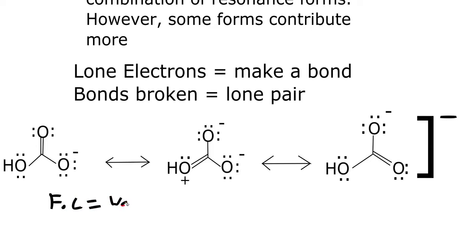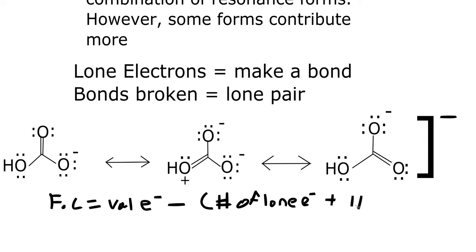We take the valence electrons, minus the number of lone electrons, plus the number of bonds. Okay, so I'll just do all in parentheses, remember that.